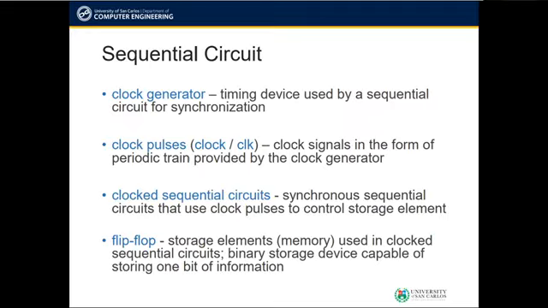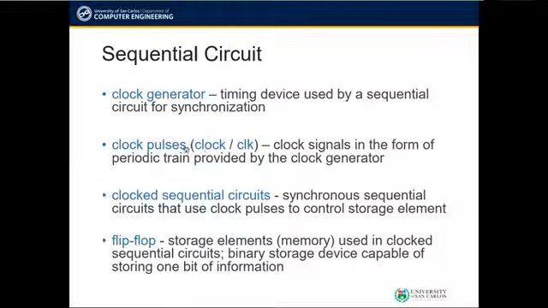Here we have some terms that are associated with sequential circuits. First is clock generator. A clock generator is a timing device used by a sequential circuit for synchronization. It is responsible for providing clock pulses to a sequential circuit.